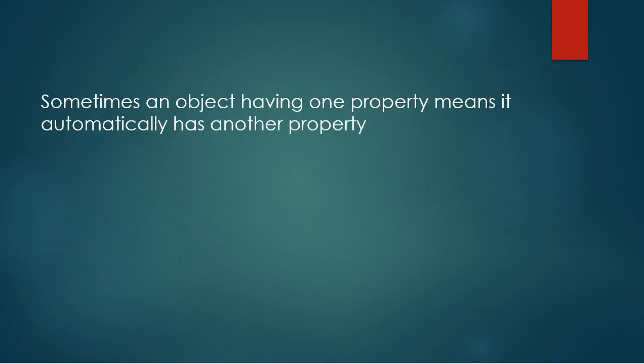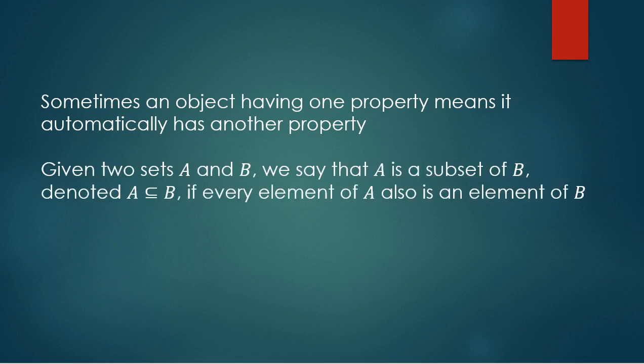Sometimes an object having one property means that it automatically has some other kind of property to it. In the world of mathematics, we say then that something or some set is a subset of some other set.